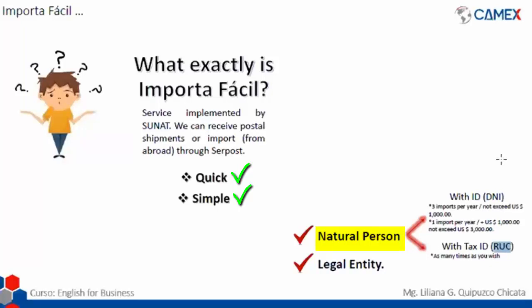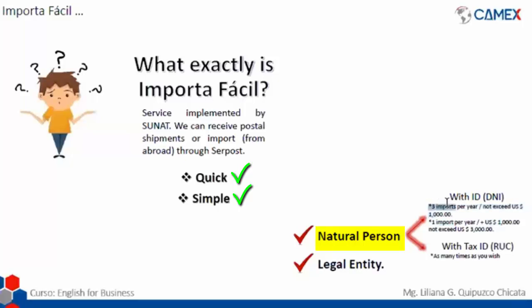Now, the first option, with ID or DNI in Spanish, has some characteristics. It would only allow you to import via Importafácil via Serpost if you do only 3 imports per year. So remember, if you only do 3 imports per year that don't exceed $1,000, you don't need a tax ID.